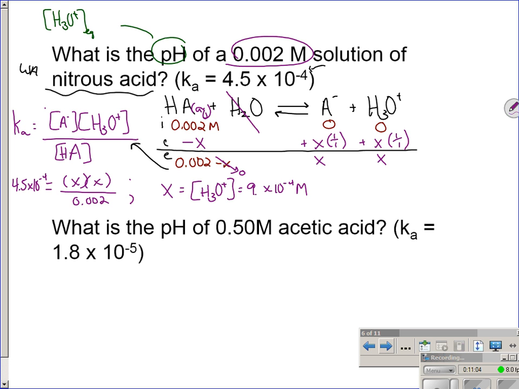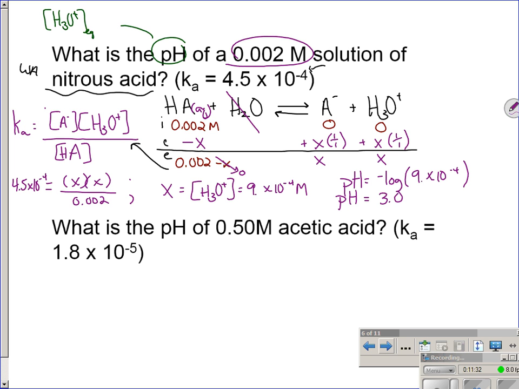Okay, so now that we have the concentration of hydronium, we can get pH. pH equals the opposite of the logarithm of hydronium concentration, which is 9 times 10 to the negative 4. To one significant digit, we use one decimal place on the pH. The pH is 3.0.